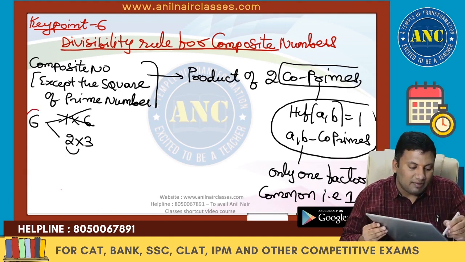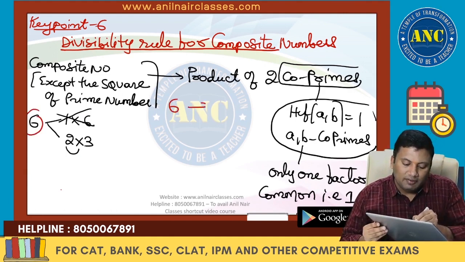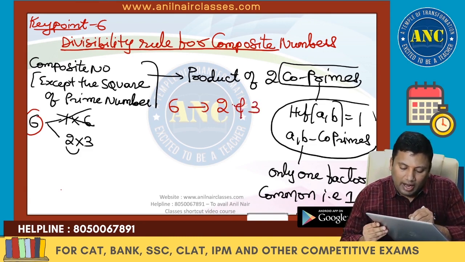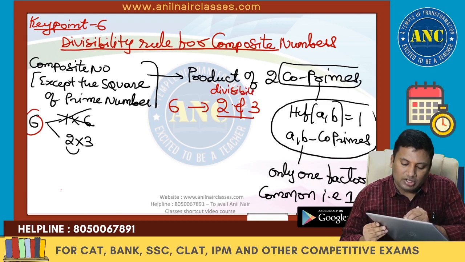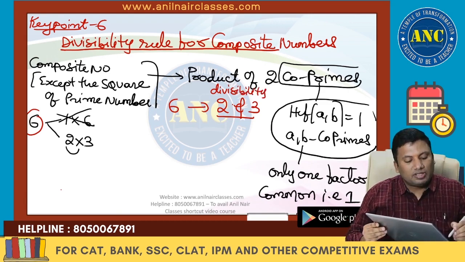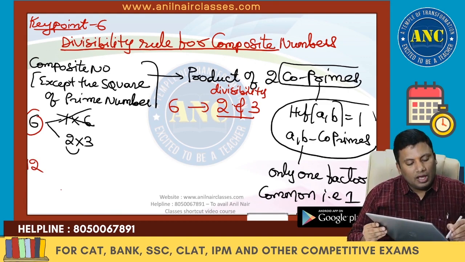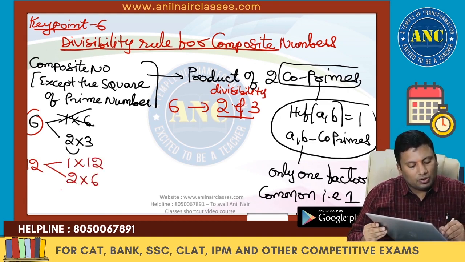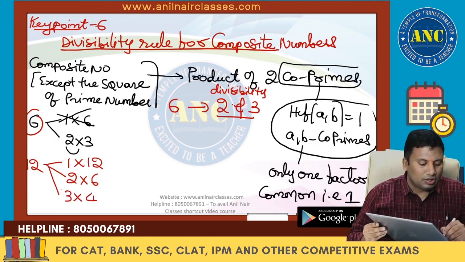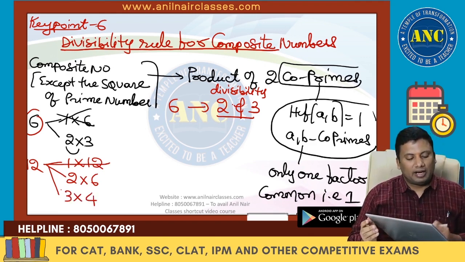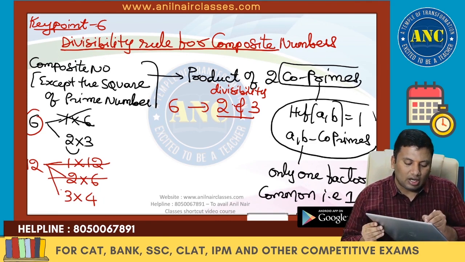So what is the divisibility rule for 6? The divisibility rule for 6 is the divisibility rule for 2 and the divisibility rule for 3. The combination of 2 and 3 gives you 6. Suppose it is 12. This is 1 into 12, next 2 into 6, next 3 into 4. Those are writing the number itself. 2 and 6 are not coprime.